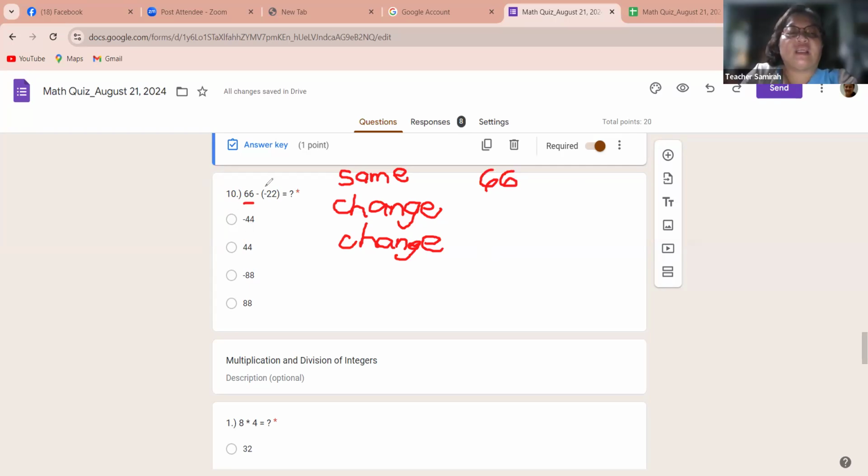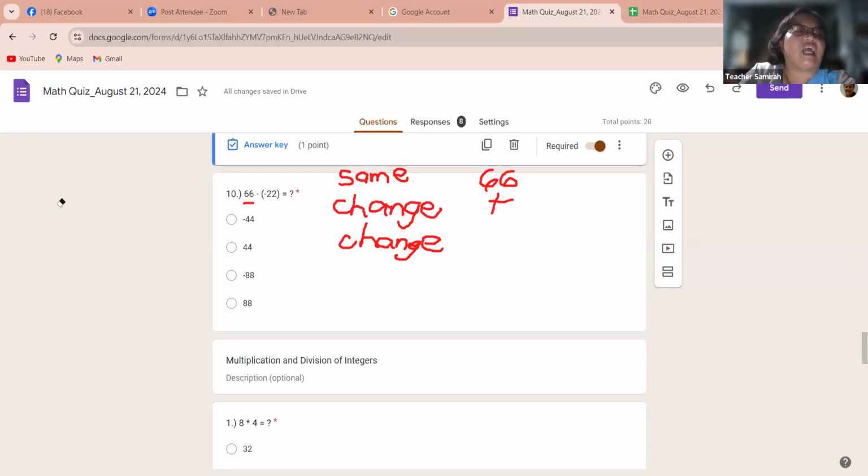And then, what is the sign or what is the operation used? It is subtraction. Then, what we are going to do, we are going to change that one into addition. Okay? And then, regarding the second integer, look at this.